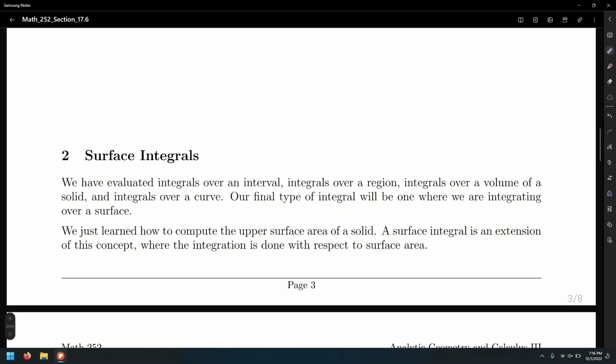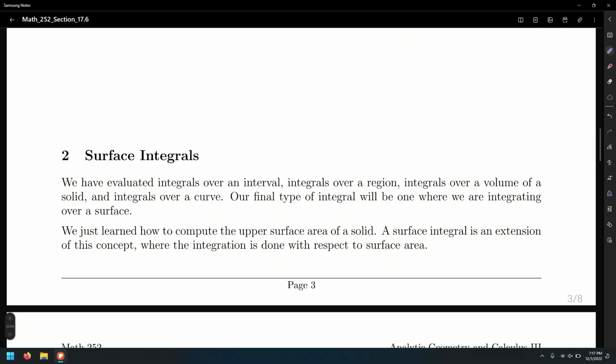Then we have evaluated integrals over a region. That's the double integrals, in which we look at the shape and determine whether it's vertically simple or horizontally simple. Those are over regions. And then we have found integrals over a volume and then over a curve, which are the line integrals.